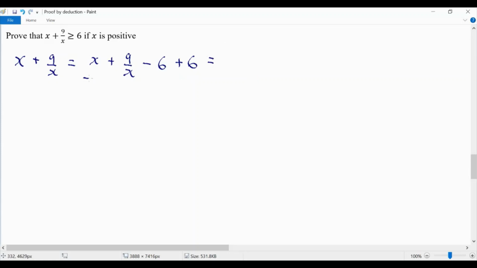Because what I'm going to do is combine all this stuff, and therefore we're going to basically do some fraction adding because we're going to create a common denominator of x and then combine everything together. So x written with a common denominator of x would be x squared over x. We've got the 9 over x still, and then minus 6 would be minus 6x over x.